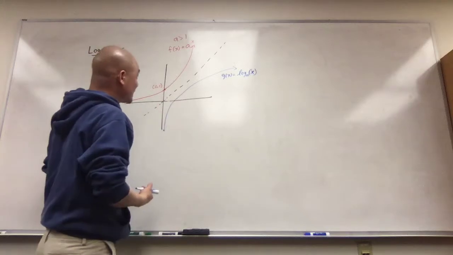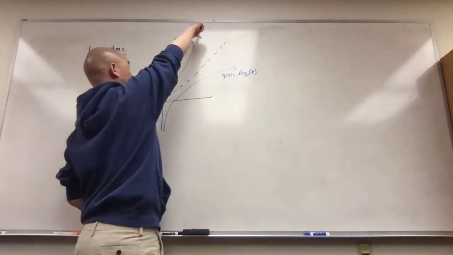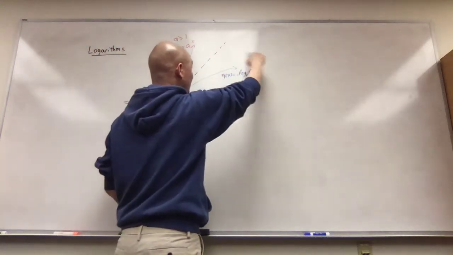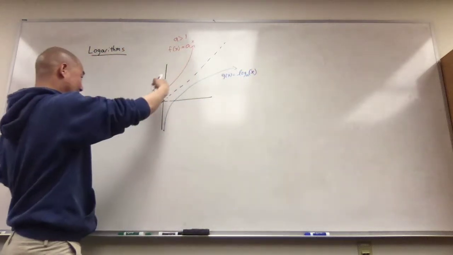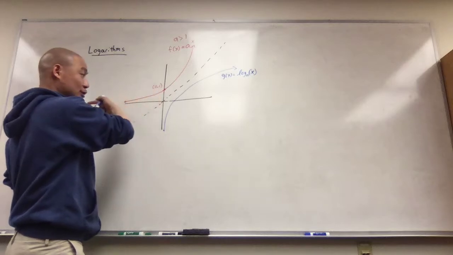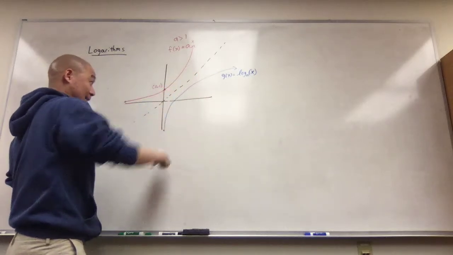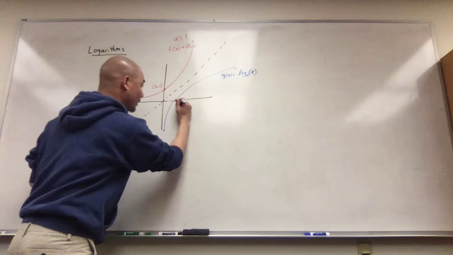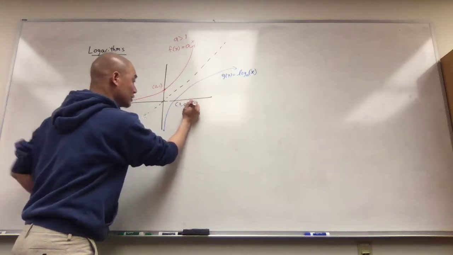And we can see some of its properties here. It goes up to infinity this way, but slower than that way. It's asymptotic to x equals 0 here, and this point here is (1, 0).